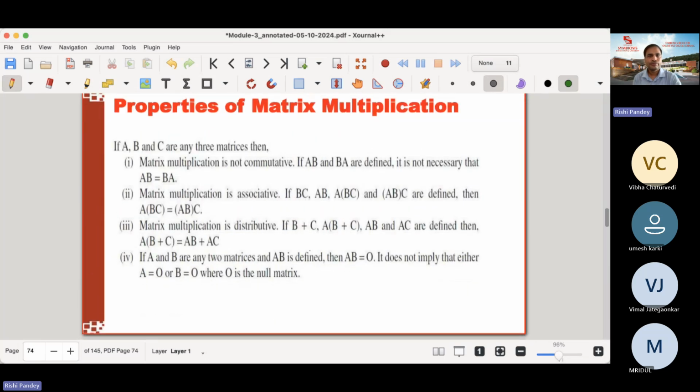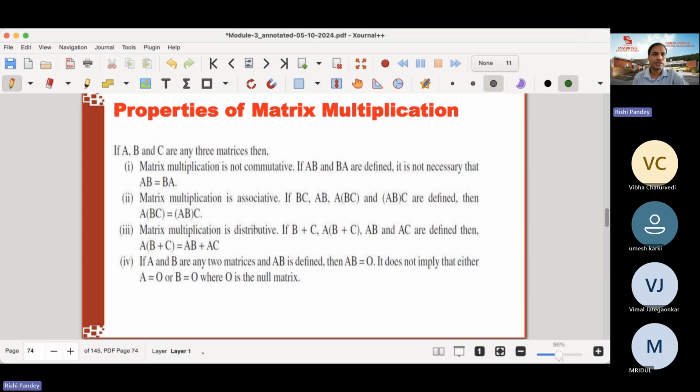Okay. Some properties of multiplication. In ordinary multiplication, 2 into 3 is equal to 3 into 2, is it? But in matrices, it is not true.